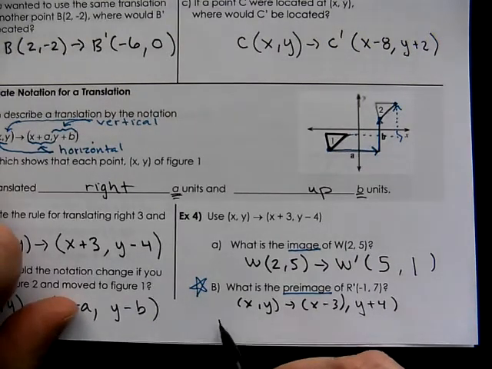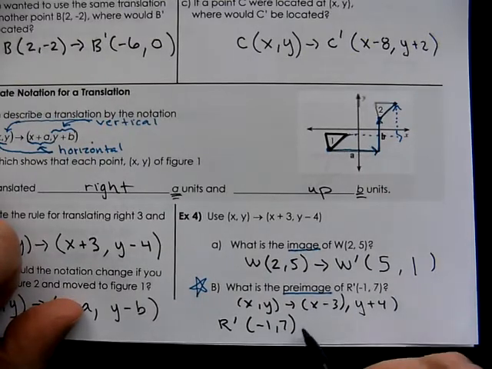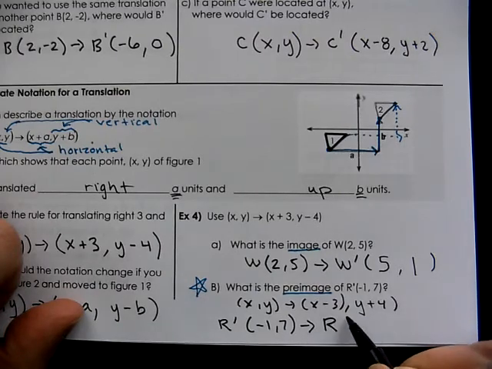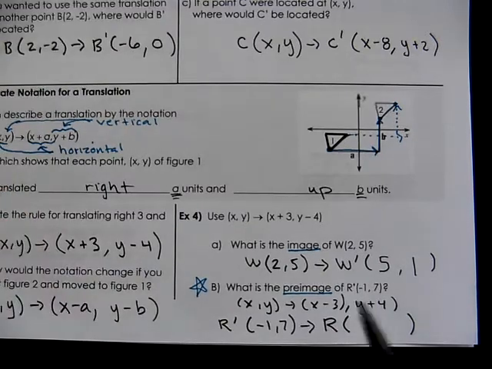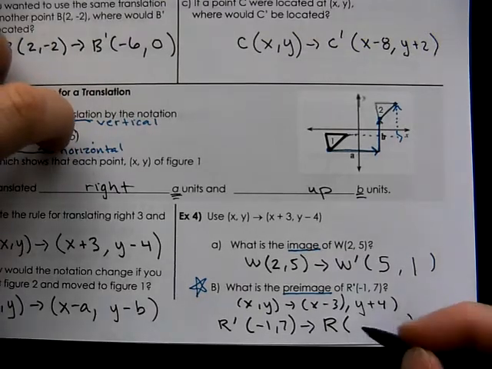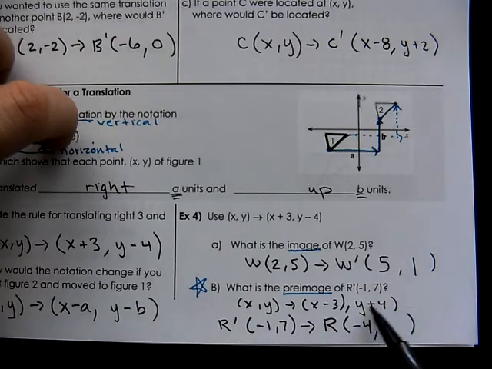Okay, so R prime is located at negative 1 comma 7. There's my arrow, and we're going to figure out where the original point R was located. So let's take that x coordinate and subtract 3. So my x coordinate is negative 1, subtract 3, we get negative 4. Take the y coordinate and add 4.